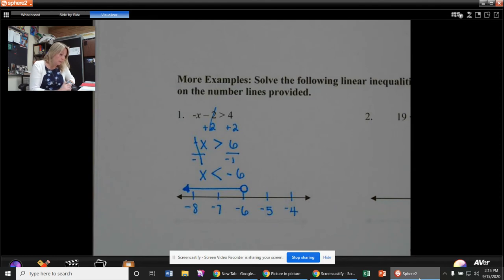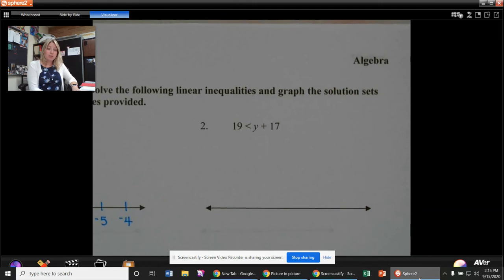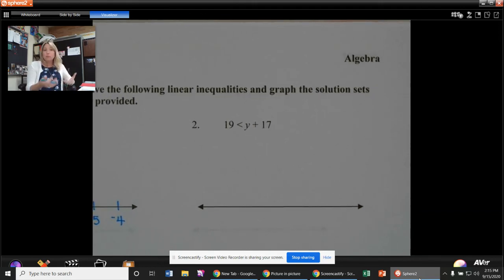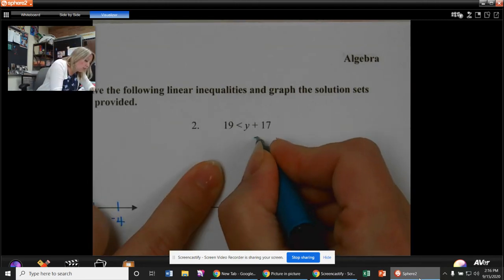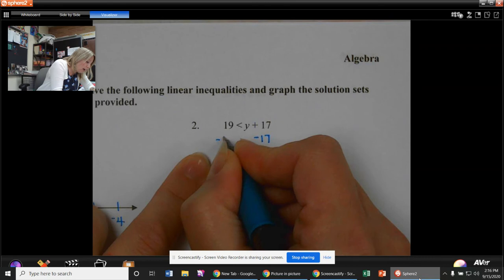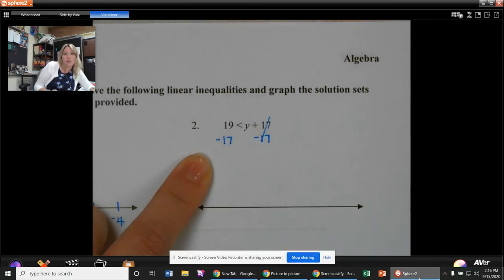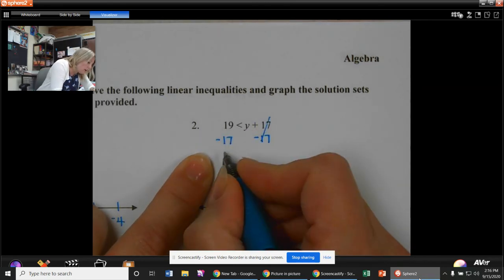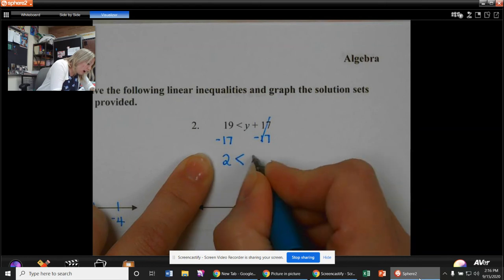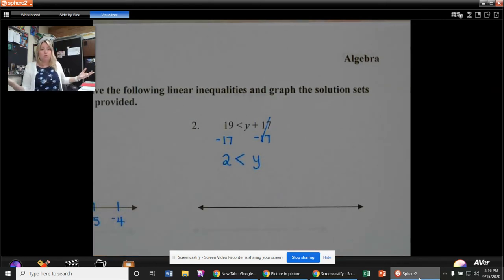Let's do another one like number 2. The reason I picked number 2 is because while I'm trying to get my variable alone, the first thing I'll end up doing is moving this number, 17, over to the left-hand side and getting all the numbers on the left-hand side of the inequality sign. But like I said, now my variable's alone, but I like to read my variable from left to right.